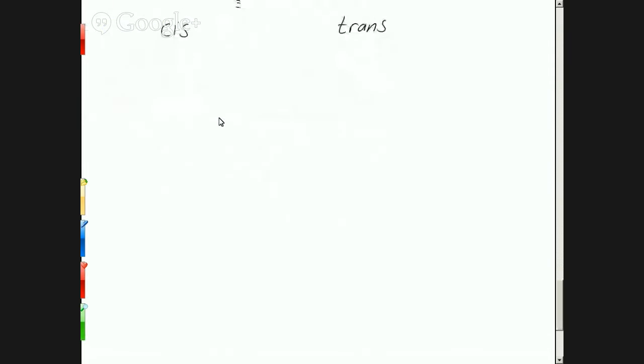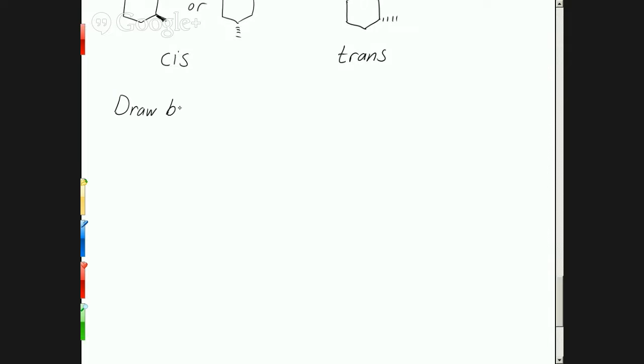Okay, let's practice some of these things. Well, one thing I might ask: draw both chair conformations of trans 1,3 dimethyl cyclohexane.